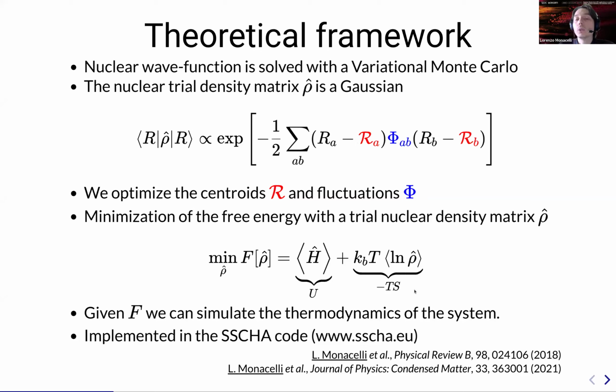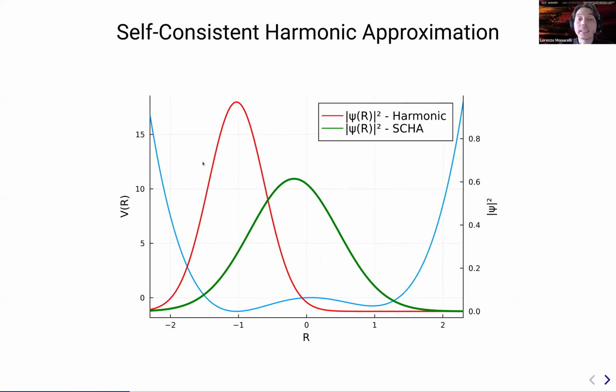So that's why I was telling you it resembles a lot the way variational Monte Carlo works, but for nuclei this time. And so here, to give you a simple example in a one-dimensional system, we take a strongly anharmonic one-dimensional system.